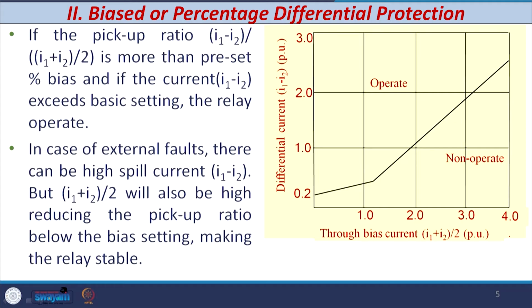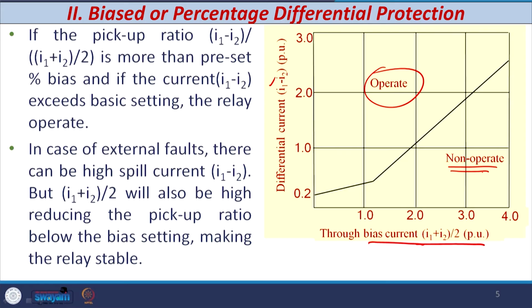Now, let us discuss the characteristic of the biased differential relay. The characteristic is plotted with the differential current, I1 minus I2, on the y axis, and the bias current, I1 plus I2 by 2, on the x axis. You can see that the characteristic is like this. Any portion above this characteristic is the operating region, and the portion below is the blocking region.